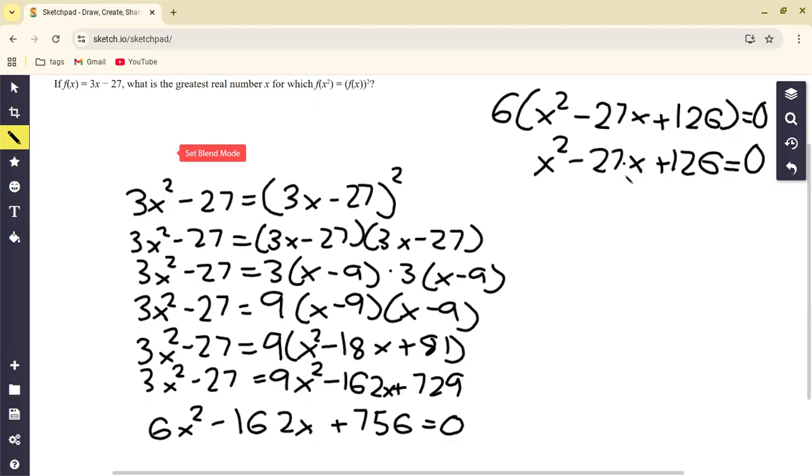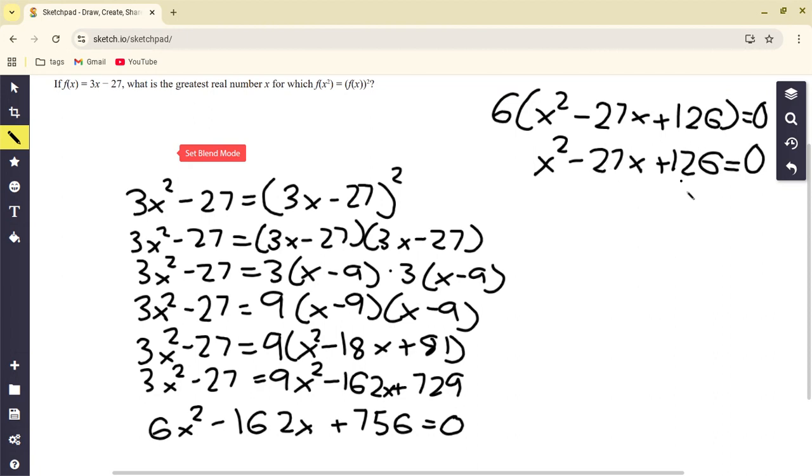Now we can use a method called factoring to solve this. If you don't know how to use it, or if you have a harder time with bigger numbers, you can instead use the quadratic formula. But for now, let's use factoring. So to use factoring, what two numbers could you multiply to get 126, but add to get negative 27? Since you add to get negative 27, at least one of the numbers has to be negative.